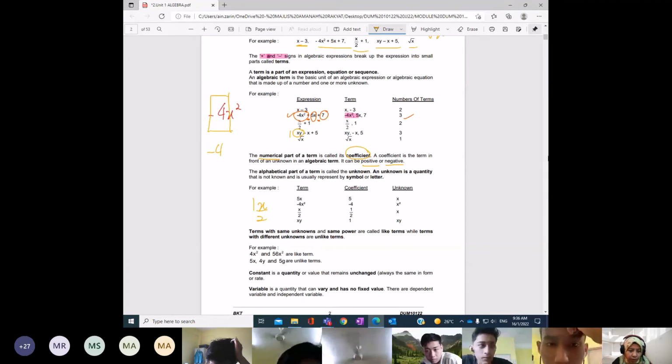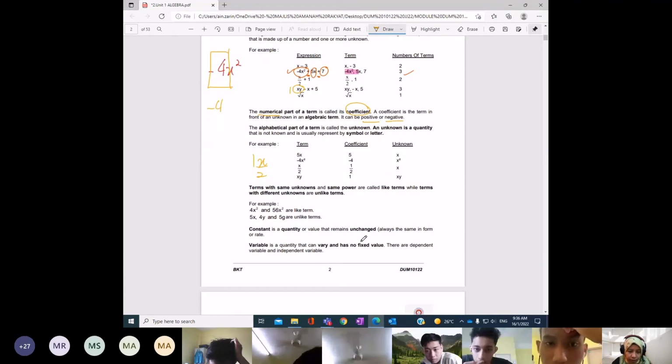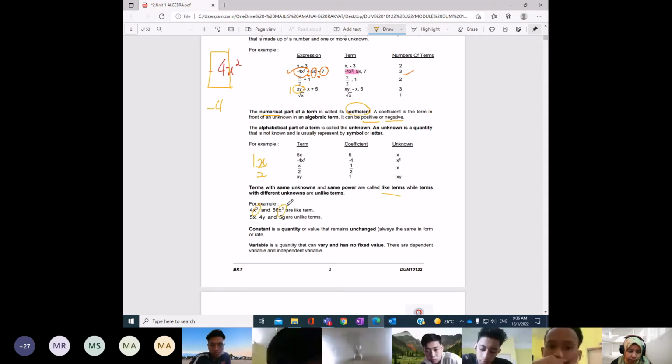Okay, alright. The next thing that we have here is to know or to understand the meaning of like terms. Okay, like terms are when we have the same unknown and the same power, right? Kalau you ada same unknown, same power, baru kita kata, oh, dua term itu adalah like terms. Like term tu meaning same terms.